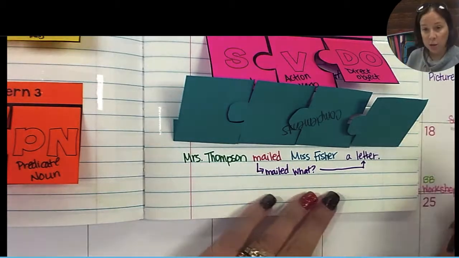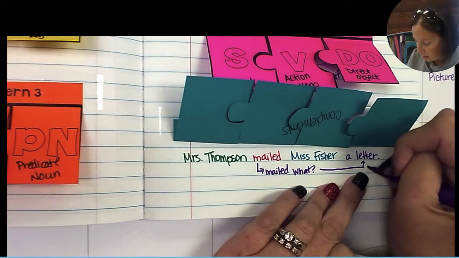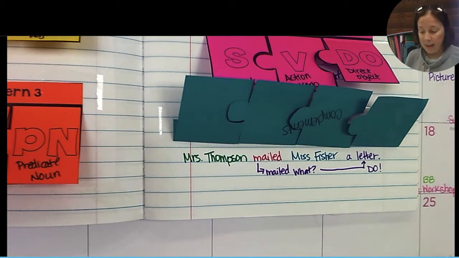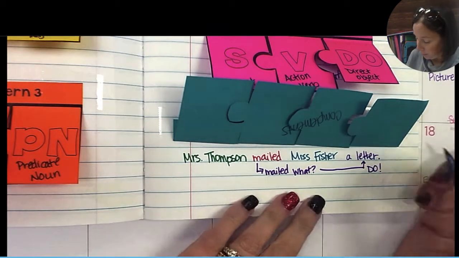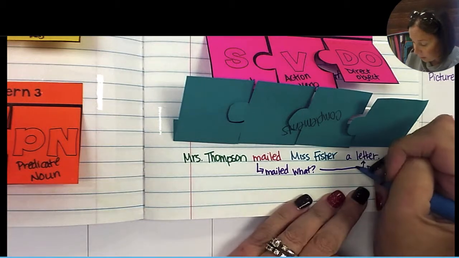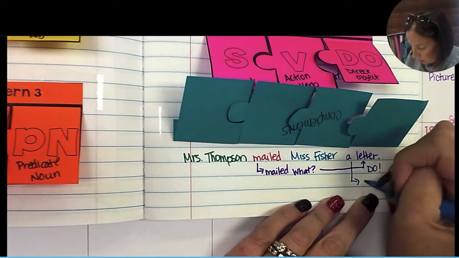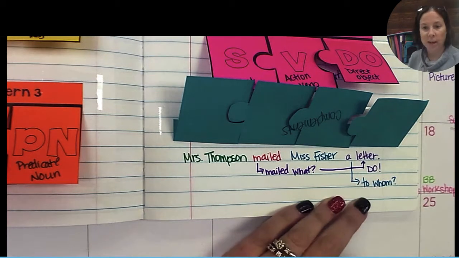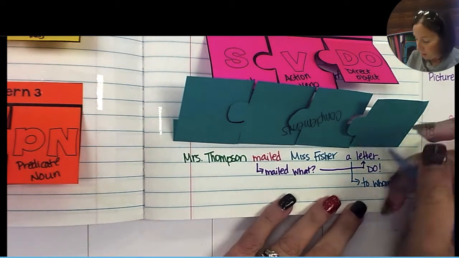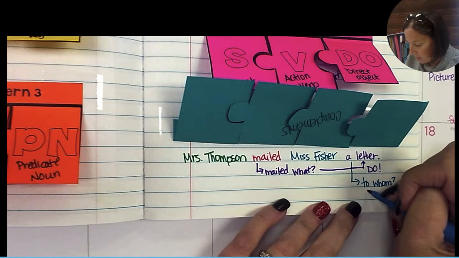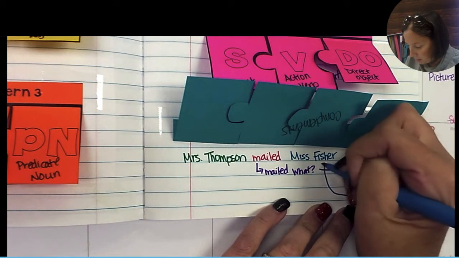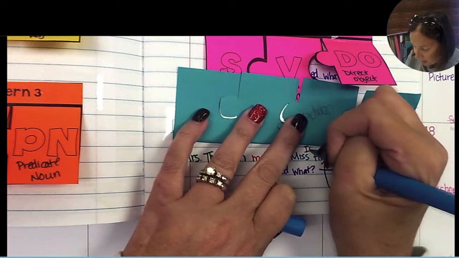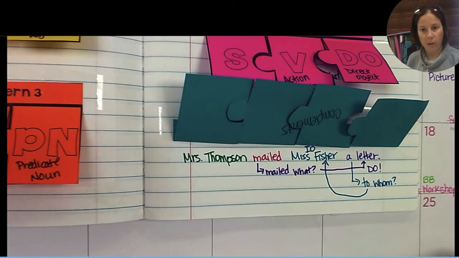Okay, the answer to mailed what is my direct object. Okay, then the next question is mailed what? A letter? To whom? We're going to say to whom, okay, which then becomes Miss Fisher. So this is my indirect object, okay?